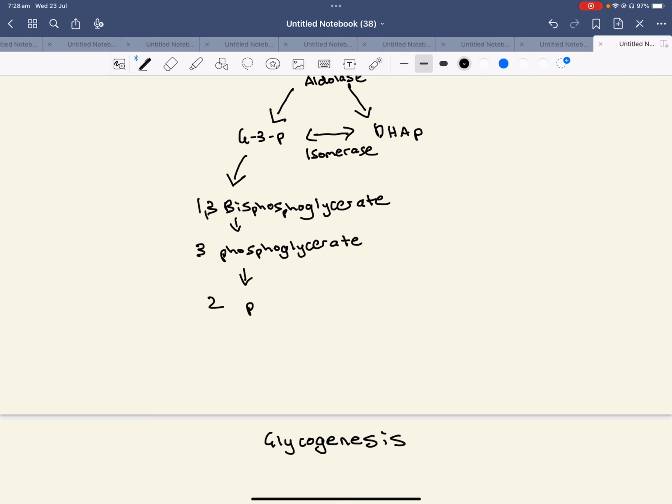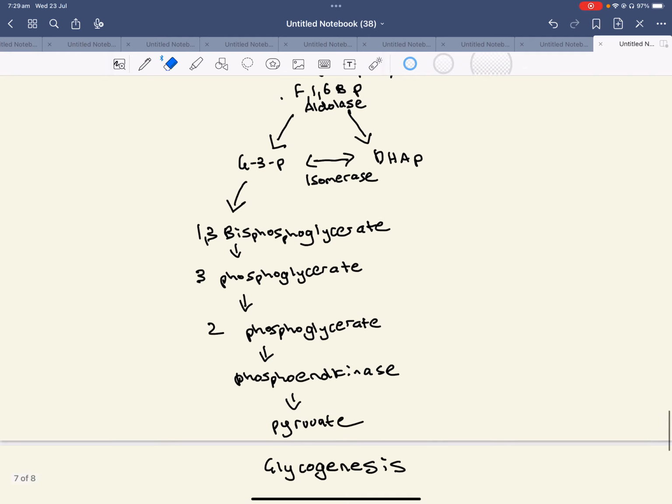Two phosphoglycerate then converted to phosphoenolpyruvate, and then finally what we want, pyruvate. Let's fill in these enzymes while we're here.